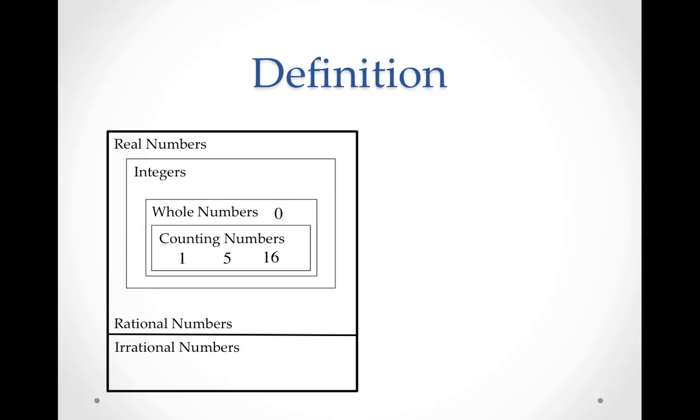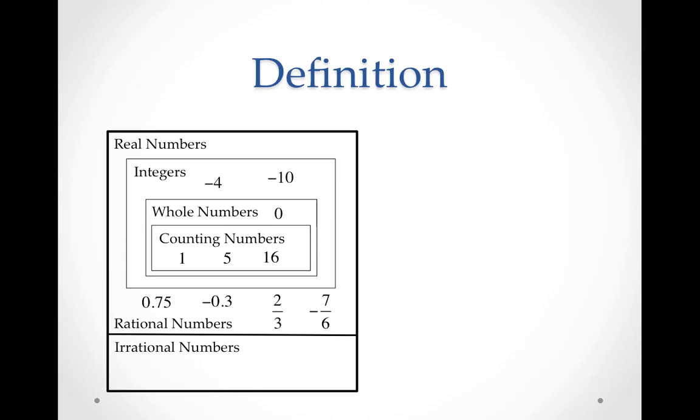Now if we take all of the whole numbers and add to that their opposites, then we have the category of integers. Take all of the integers, add rational numbers to it, add fractions and decimals to it, we have rational numbers.